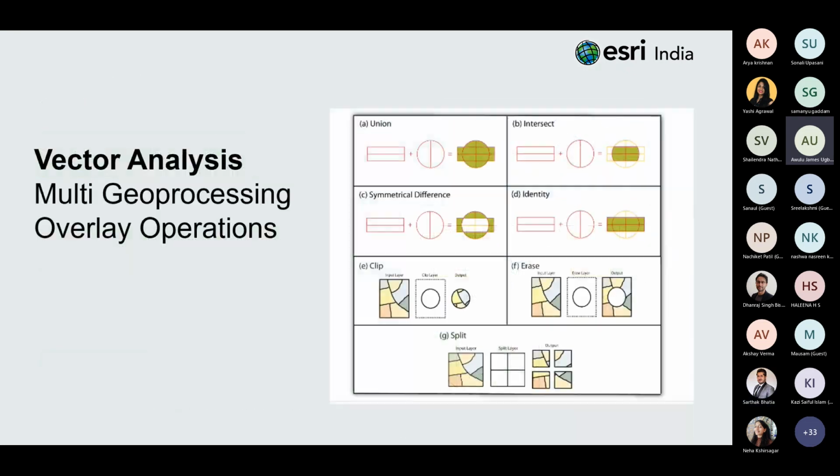Now, within vector analysis, multi-geoprocessing or overlay options are also very important to understand. As represented in the diagrams on the right, these geoprocessing overlay options help in identifying a lot of spatial properties. For example, we have 2 different data sets that we're working with. The union overlay method helps us identify a combination of the two.